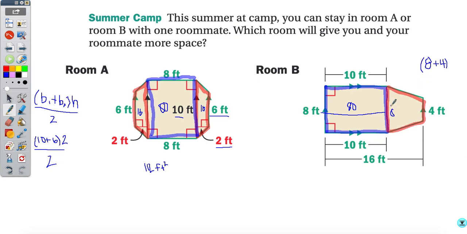So I need to know what this height is. Now I'm going to find that because this height matches up exactly with this part below. So if the whole thing is 16 and this part is 10, I'm going to take 10 away from 16 to get a height of 6.